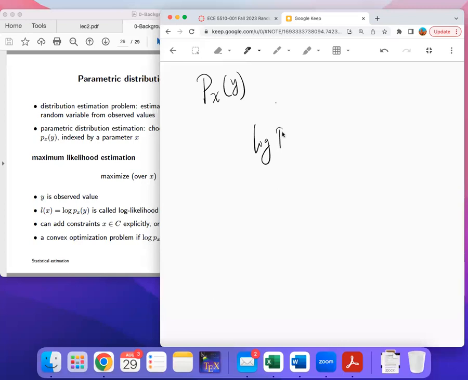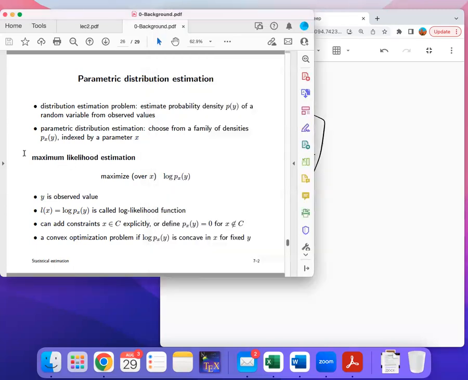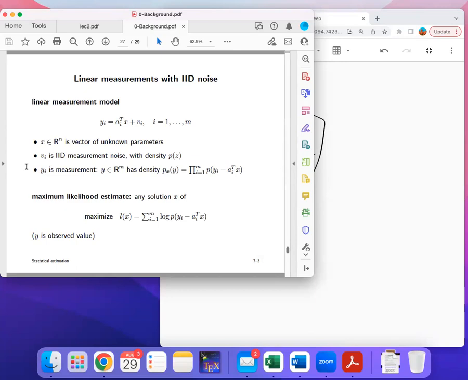It's the log of this PXY. This is the probability of observing Y under X. And we want to max over X. Okay. This is a very general framework, which turns out to cover many applications. Okay, so let's directly look at some applications.